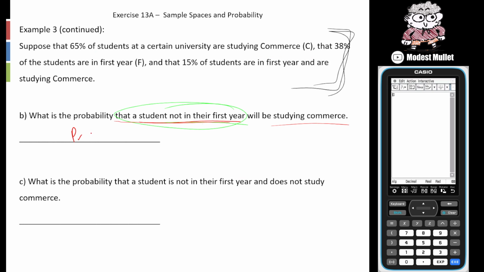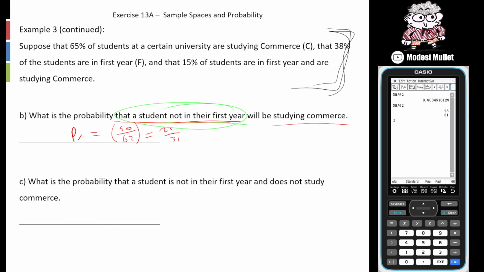So this becomes probability is equal to 50 out of the 62, and then you can stick that in your calculator: 50 divided by 62, 25 on 31.